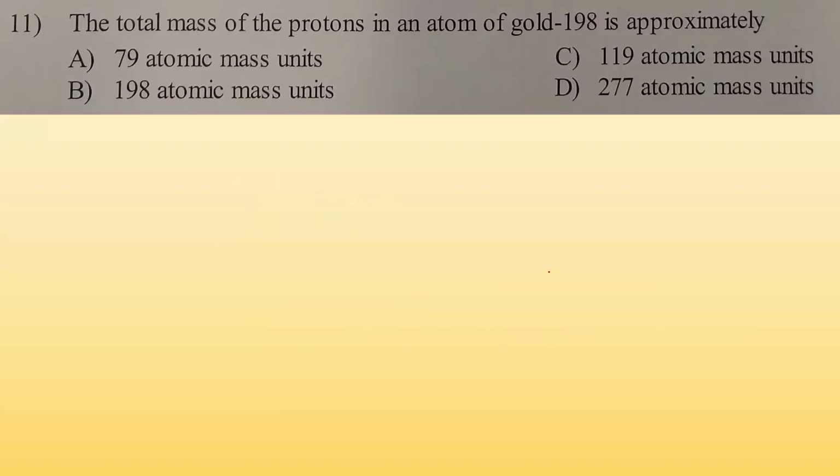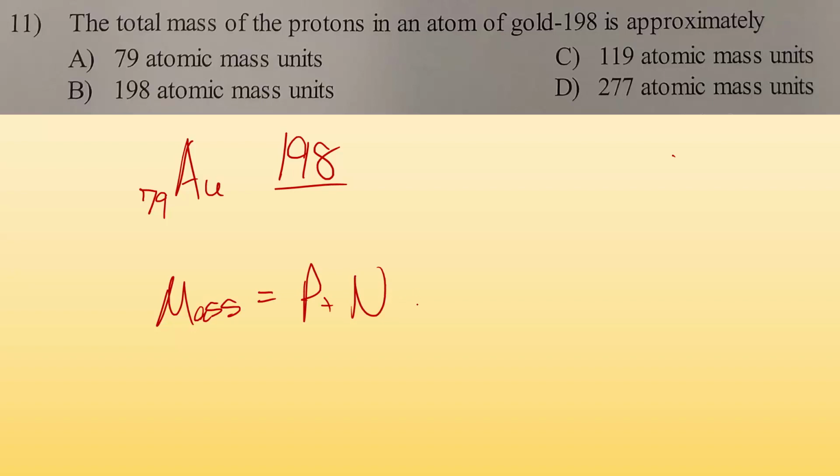11. The total mass of the protons in an atom of gold, 198, is approximately, oh geez, I should have looked this up. Gold, Au, 198. And Au has an atomic number of 79. So if I'm taking a look at Au, how do I get 198 as the mass? Well, remember the mass has to equal the protons plus the neutrons.